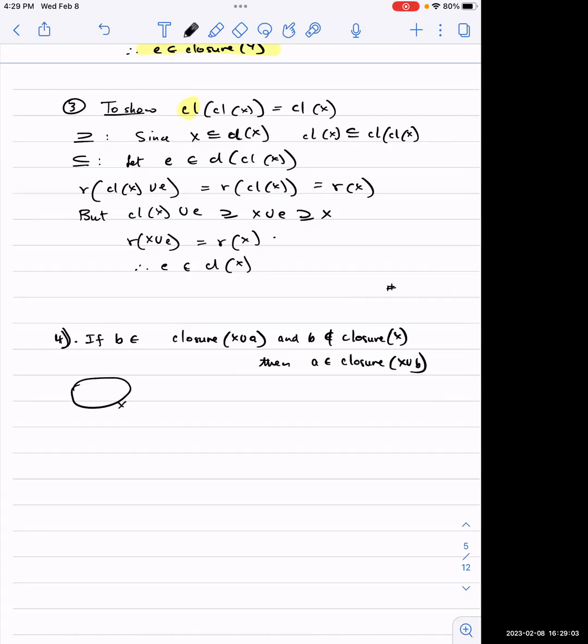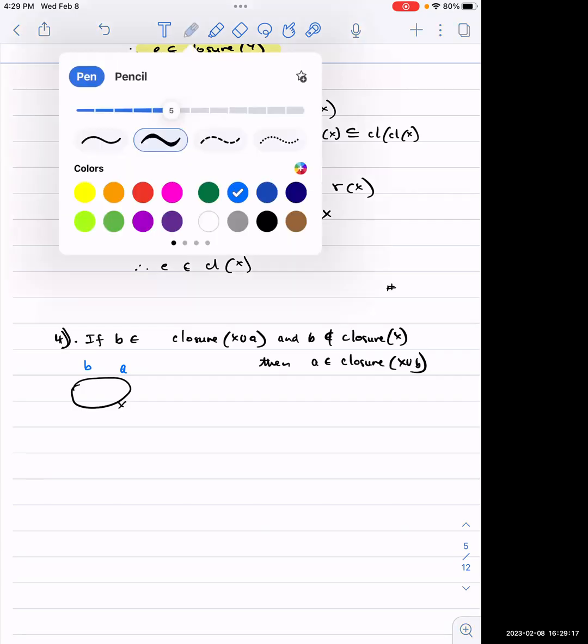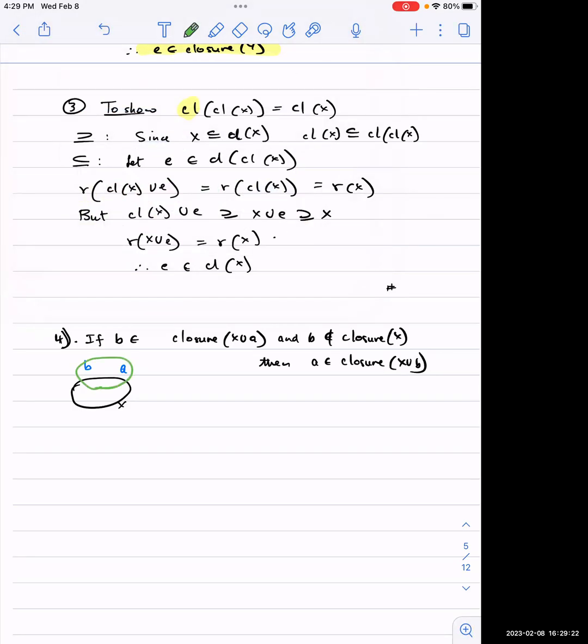So you have X, right? And B is in the closure of X union A. So we're not saying that A is in X or anything. So somehow this is A and this is B, then there's a circuit containing A and B. Then A will be in the closure of X union B.